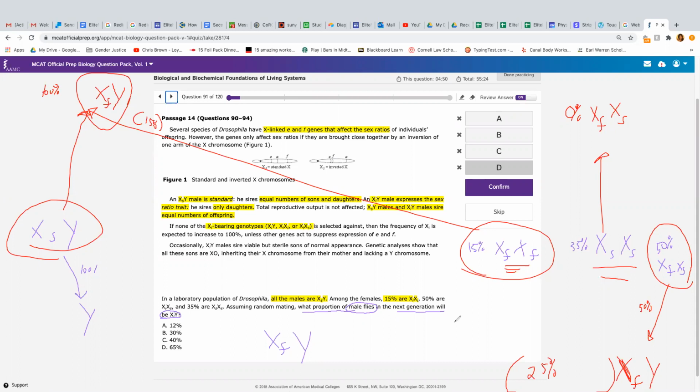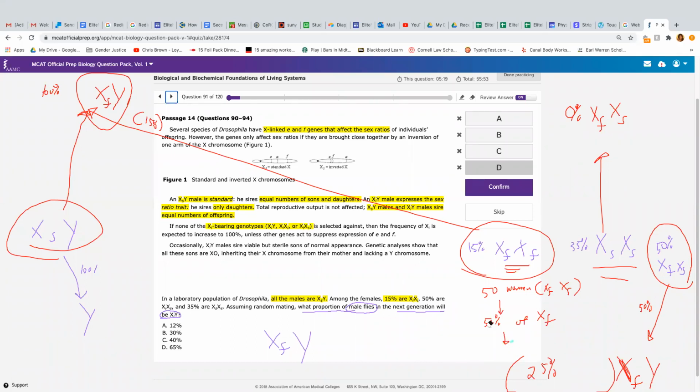So numbers sometimes are easier. If you had 50 women, all of whom were heterozygous, you have a 50% chance of passing on the mutant allele, which tells you that of those 50 women, the expected number of offspring with the allele would be 25.